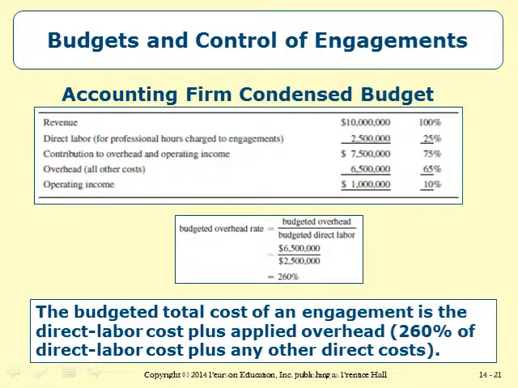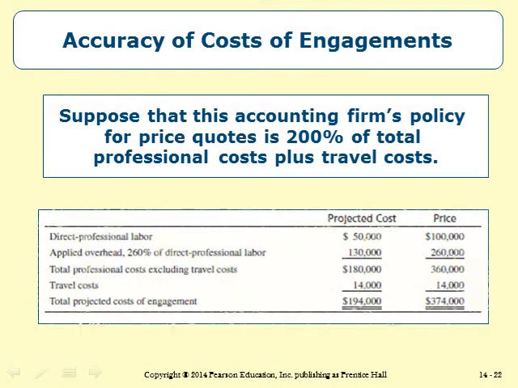So for every dollar of labor I incur on a project, I have to charge the customer $2.60 in order to get the dollar back of labor plus the indirect cost associated with the labor, and then I would have to put a profit on top of that. And so suppose that this accounting firm's policy for pricing is 200% of total professional costs plus travel costs.